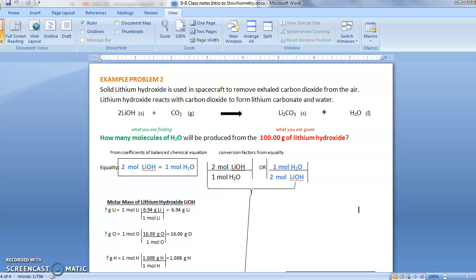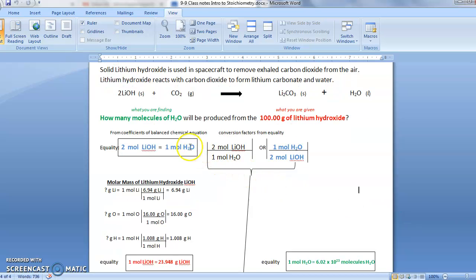So I set up my equality. 2 moles of lithium hydroxide per 1 mole of water. 2 moles of lithium hydroxide can be on top over 1 mole of water on the bottom. It's an equality, so I can put 1 mole of water on top and 2 moles of lithium hydroxide on the bottom. Those are the 2 conversion factors I can get out of this.